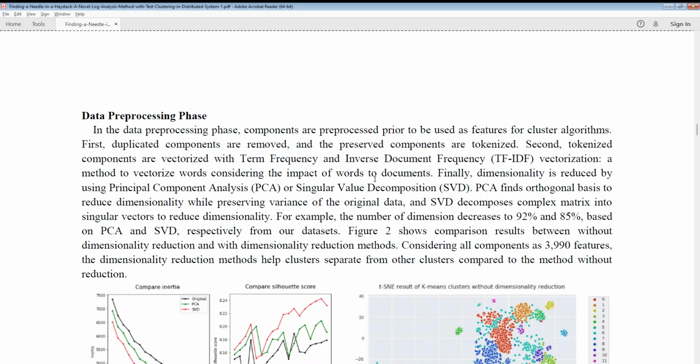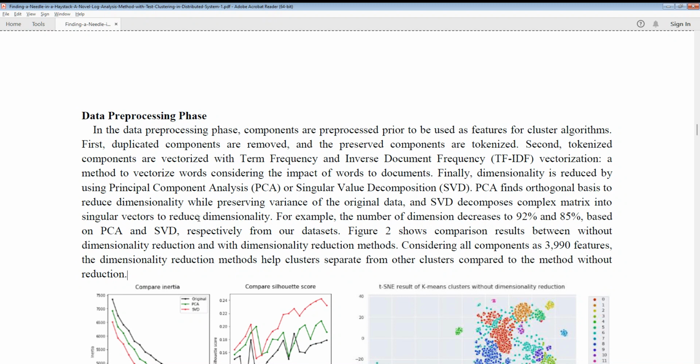Finally, dimensionality is reduced by using principal component analysis (PCA) or singular value decomposition (SVD). PCA finds an orthogonal basis to reduce dimensionality while preserving variance of the original data, and SVD decomposes a complex matrix into singular vectors to reduce dimensionality.